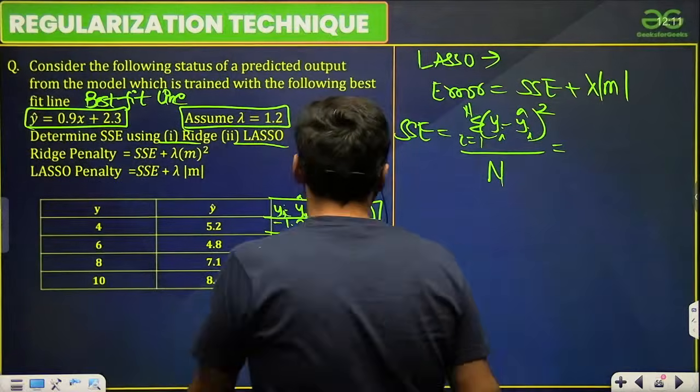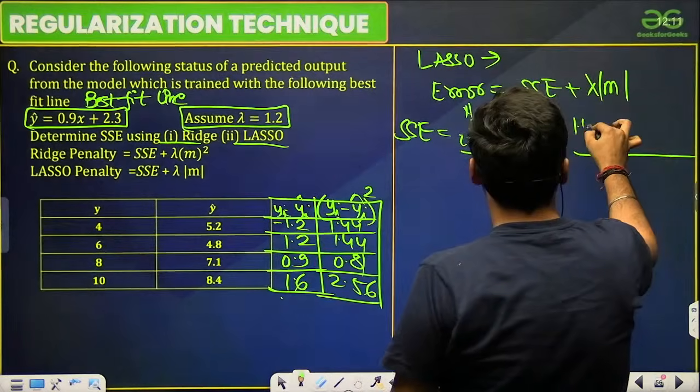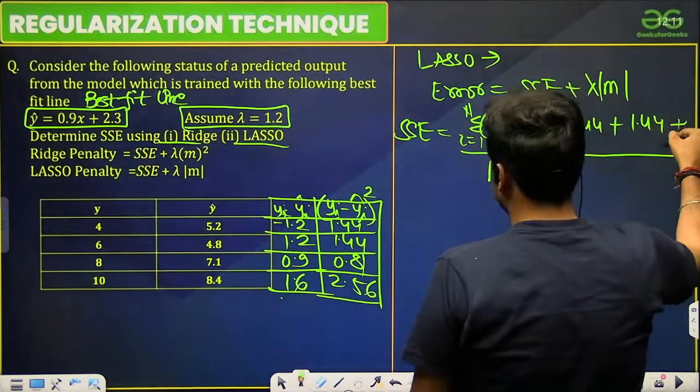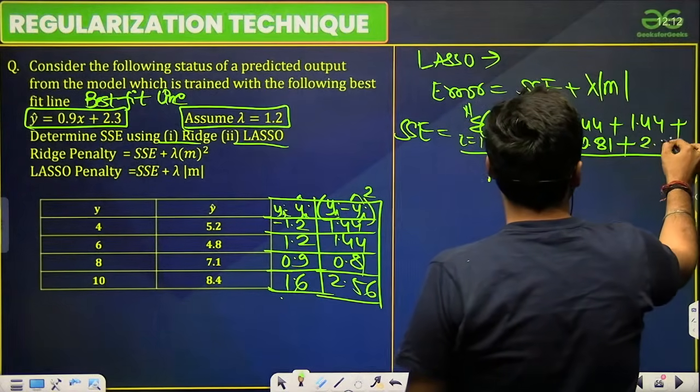For calculating SSE, what do I have to do? I have to just add all these: 1.44, 1.44, 0.81 and 2.56.